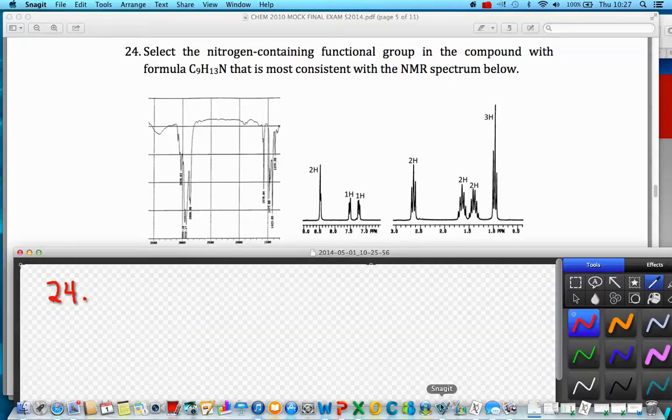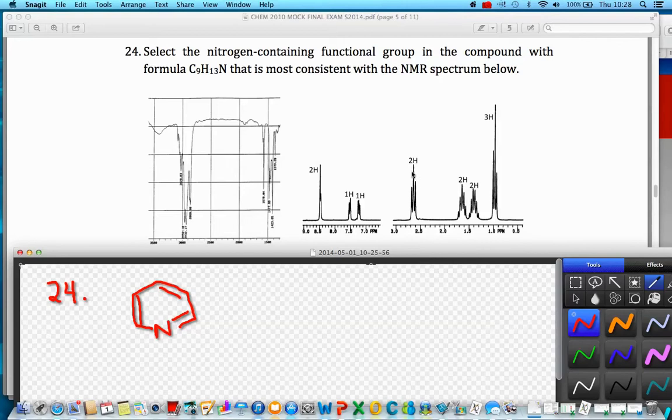So one possible structure for 24. And again, we don't know what all the pieces are. We don't need to know what all the pieces are. But let me point out a couple of aspects of the NMR that justifies this. First of all, we have 4 protons that are in the aromatic region of the NMR, which means that we should have some other group.